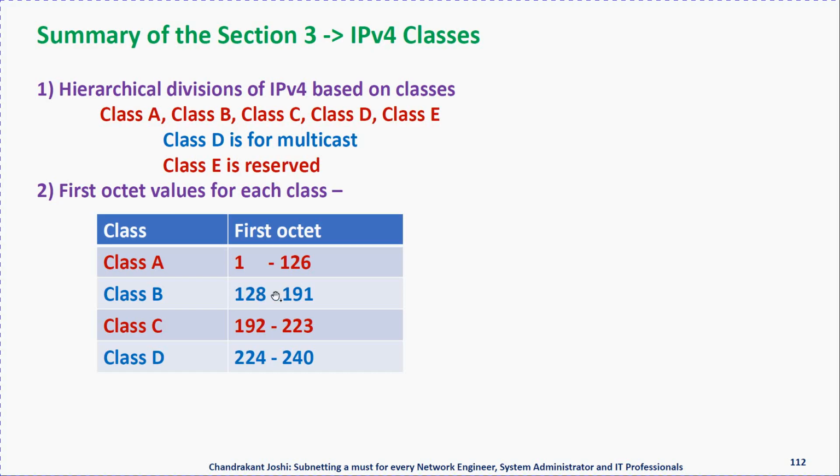Inside this we have got 169 for APIPA. For class C, 192 through 223, and don't forget that the 192.168 whole series is private. For class D it is 224 through 240, but this is explicitly for multicast.